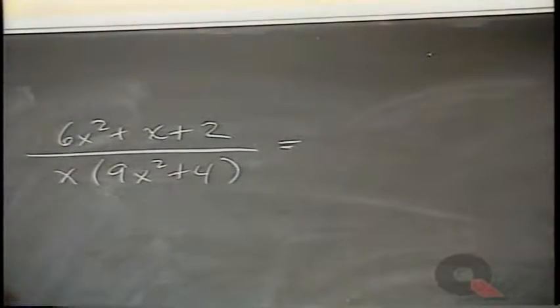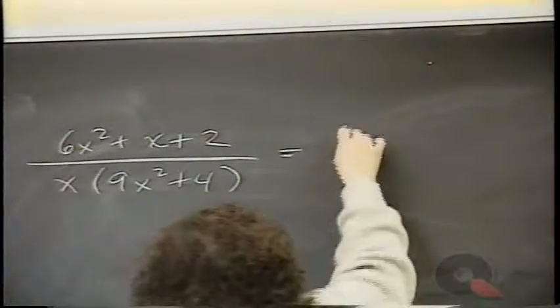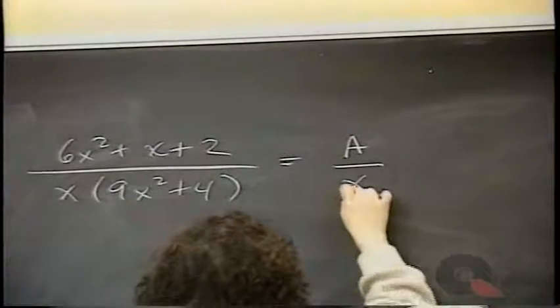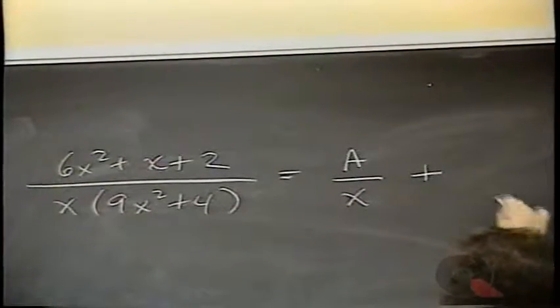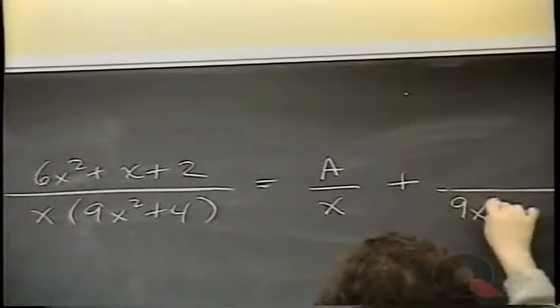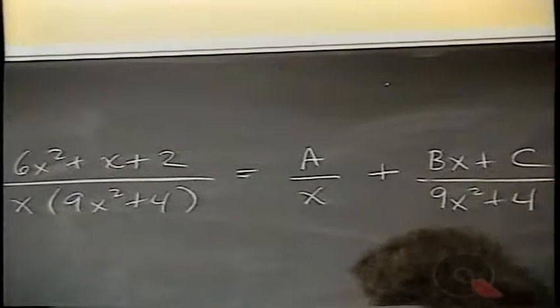And to set this up with partial fractions, we have a linear non-repeated factor. And for that, I'm going to have a constant over the linear factor. We have a quadratic, an irreducible quadratic factor. And in the numerator of that, I'm going to put a typical linear expression, bx plus c.